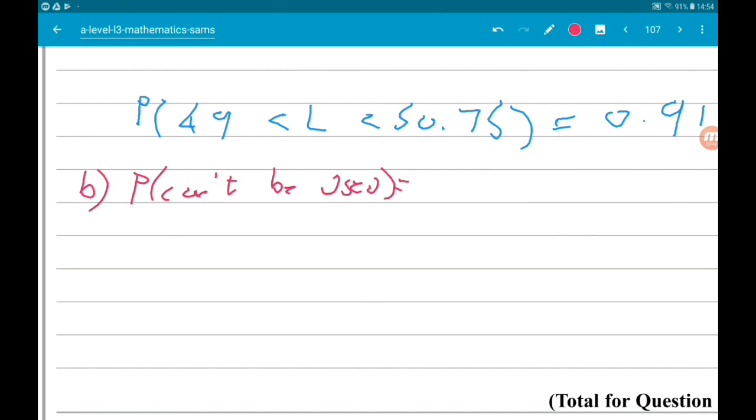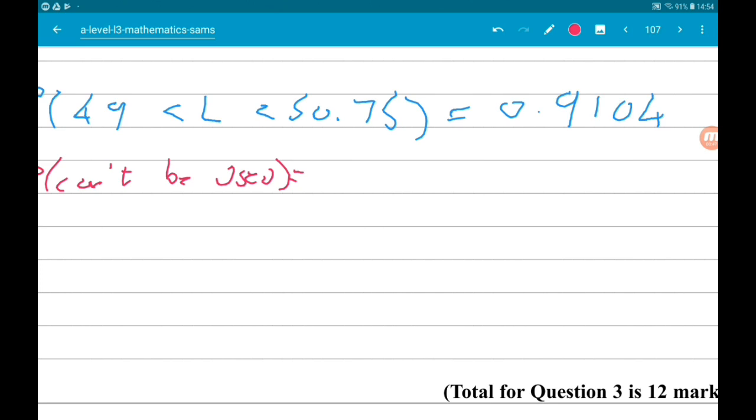So, that's 1 minus the probability a strip can be used, which we just found. So that's 1 minus 0.9104, which is 0.0896.